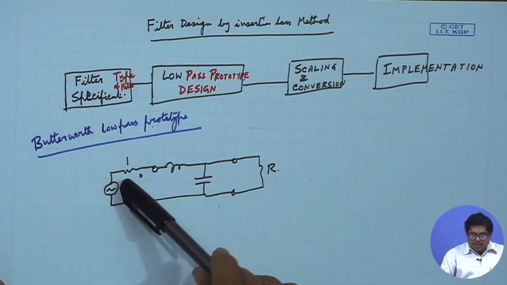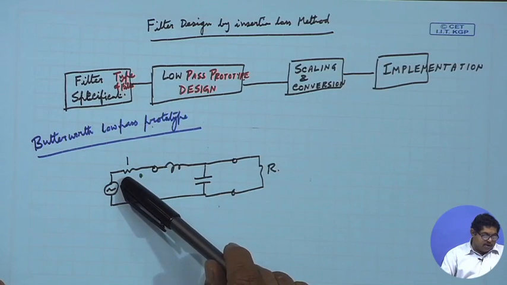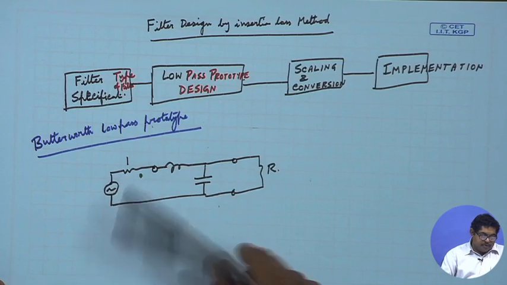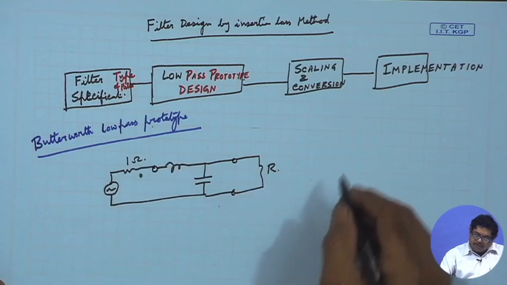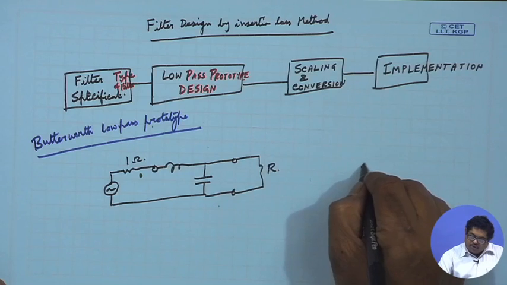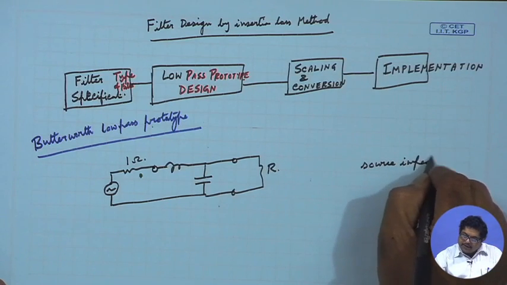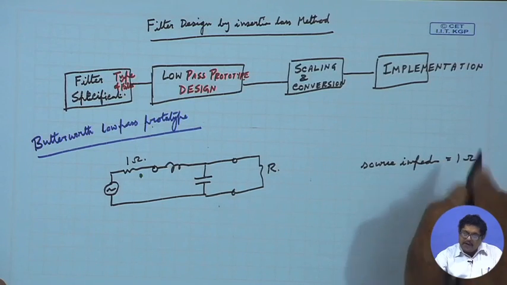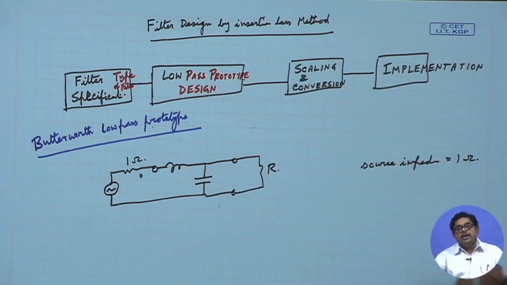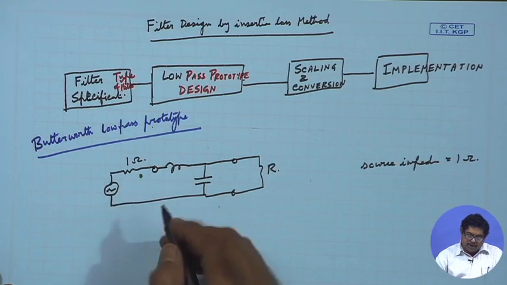So, the source resistance is 1 ohm. In the prototype we always take the source impedance as 1. Later we will see that we can go to any actual source impedance, but in the prototype we have this.